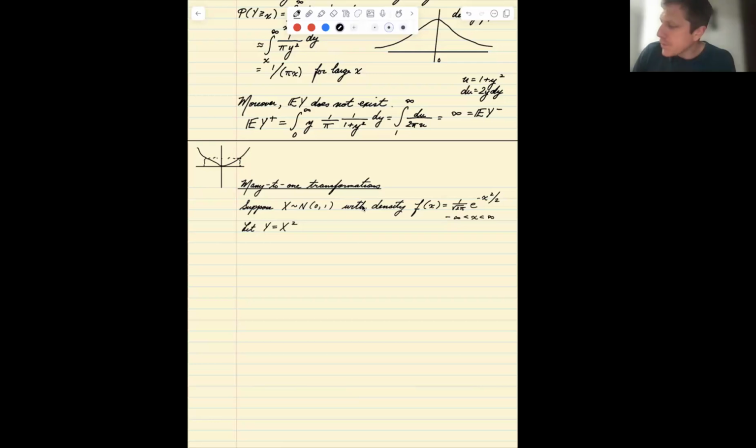So the distribution of y is what's called the chi-squared distribution with 1 degree of freedom.